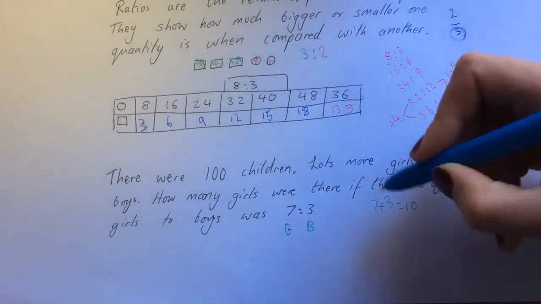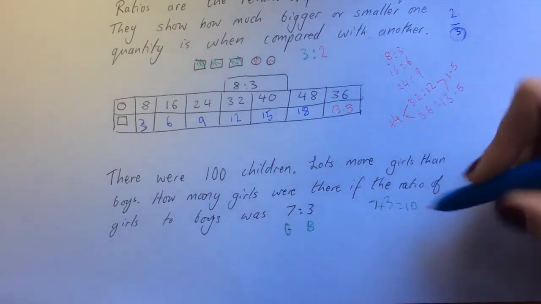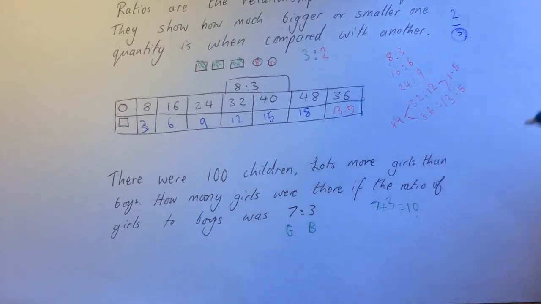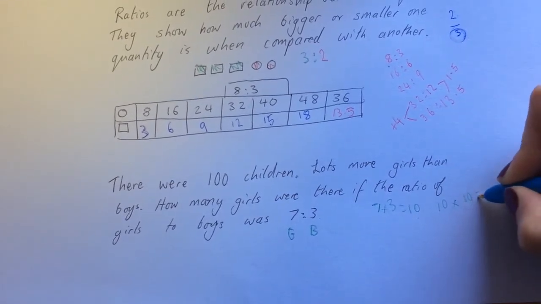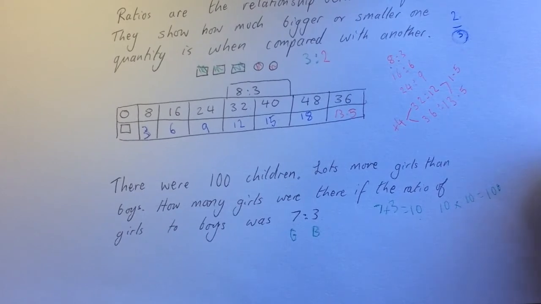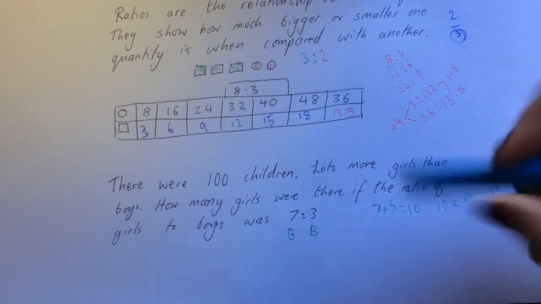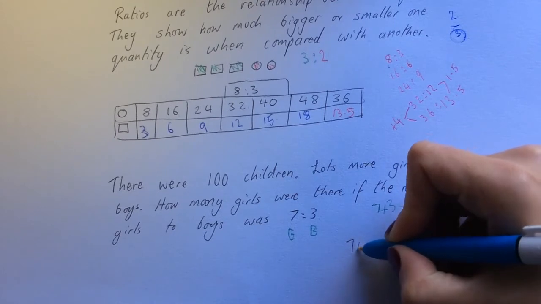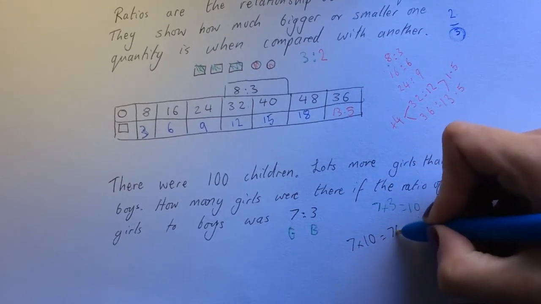So knowing that, 10 times 10 equals 100. And so now I've figured out that if I multiply 7 times 10, it's going to equal 70.